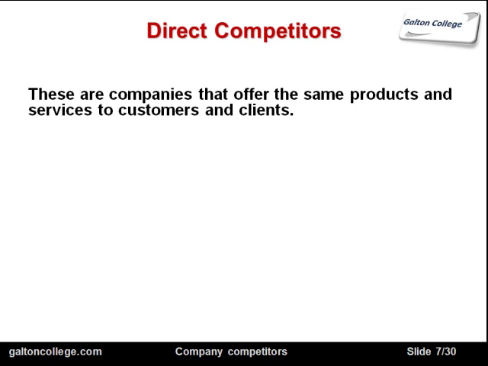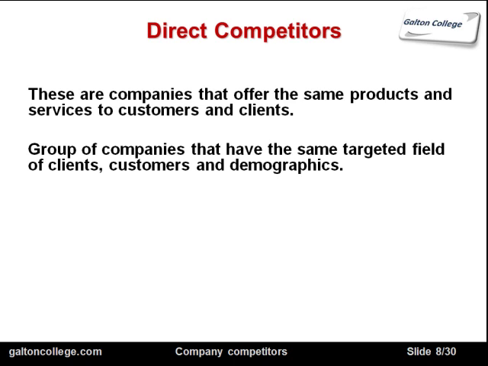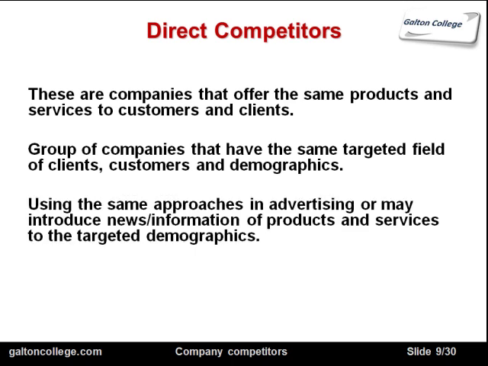They are competing exactly with the same products. So the group of companies have the same targeted field of clients, customers and demographics. The companies are aiming at the same customers. So the competition can be quite fierce.